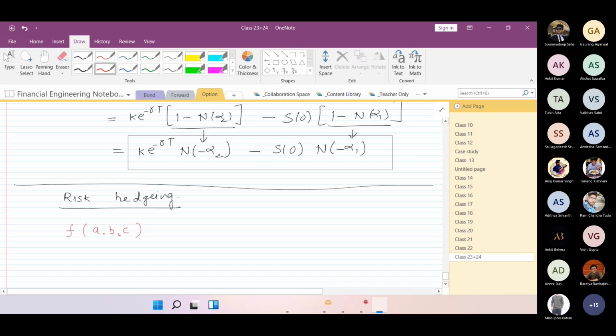Let me repeat the statement. If I talk about risk hedging, which I will continue in the next week, but I just want to give you a little glimpse of that: mathematically, if I have an asset, I have a portfolio, if the variable value is changing and I have already hedged this risk, then the overall value of my portfolio should not change by changing the variable value a little bit.